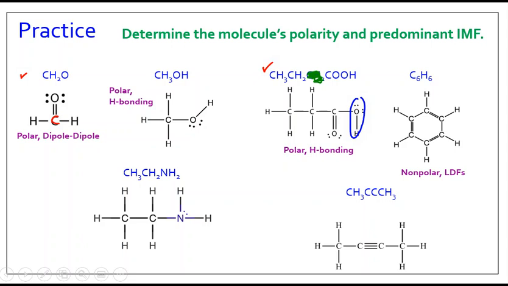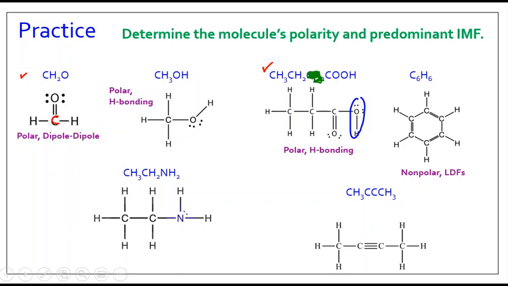How about this amine down here, this NH2? Polar or non-polar? Polar, definitely. That NH group on the end definitely throws off the symmetry. So it's either dipole-dipole or hydrogen bonding for the most predominant force here. Does it qualify for hydrogen bonding? Yes, it does.